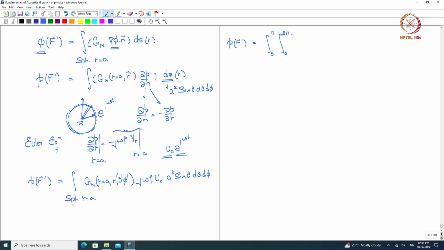So, we will hang around with a negative, minus j omega rho u0, let us say, divided by k a square, summation over n, Hankel function of k r dash by Hankel function dash of k a, summation over m, Y conjugate and Y. Now, the area element a square sin theta d theta d phi.